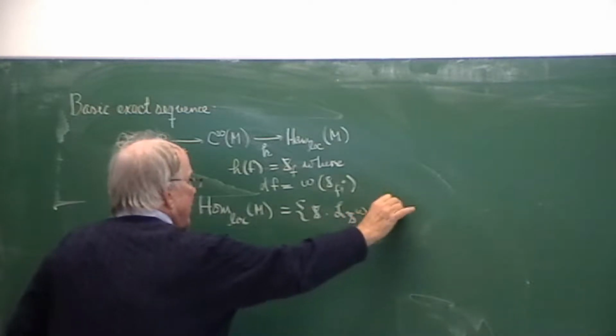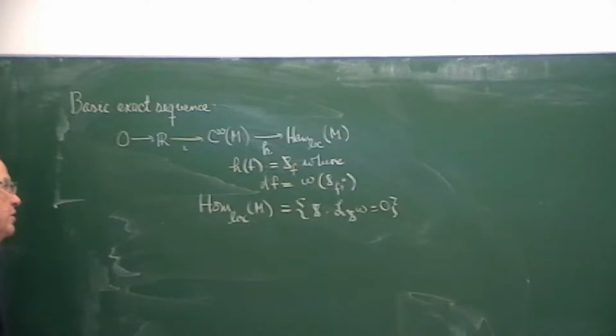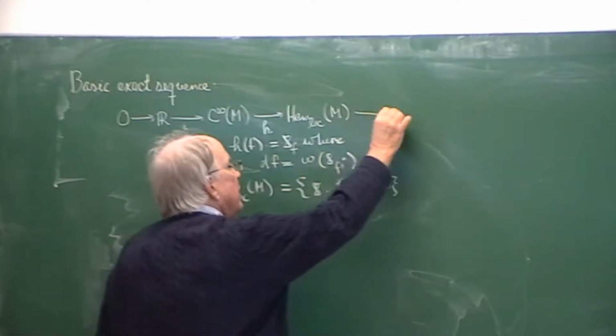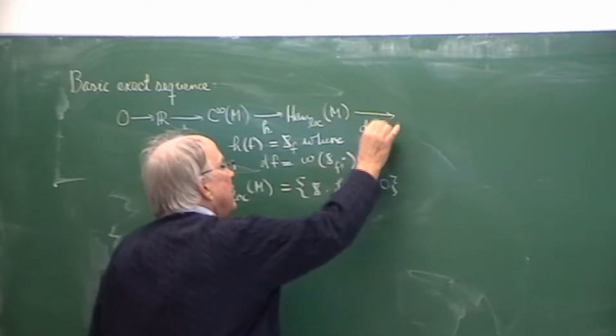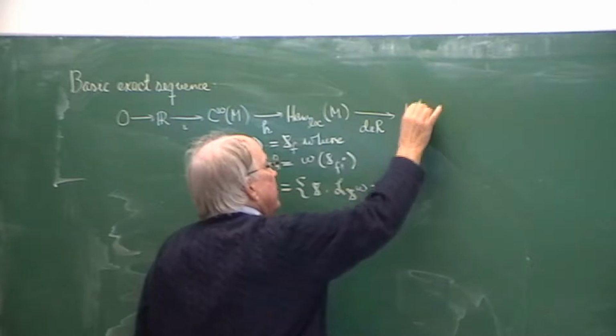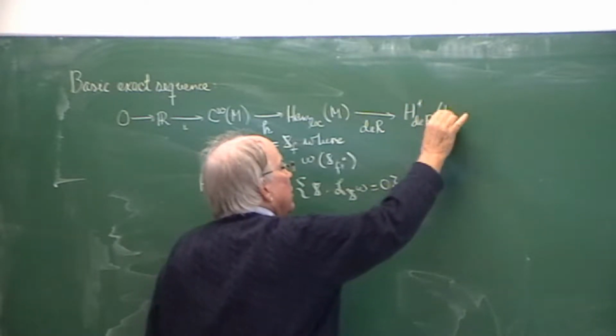That's where you land. And not all of those are in the image. So you need another mapping here, which goes to the first cohomology. And in fact, it's surjective, you can show.